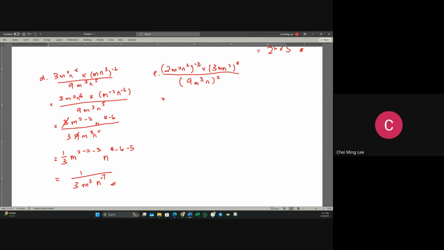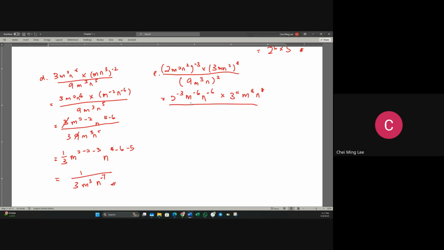first we try to multiply this, we get this inside 2 to the power of -3, and then m2 times -3 will be -6, and 2 times -3, -6, multiplied by 3 to the power of 4, then m to the power of 1 times 4, so 4, n is 2 times 4, 8.